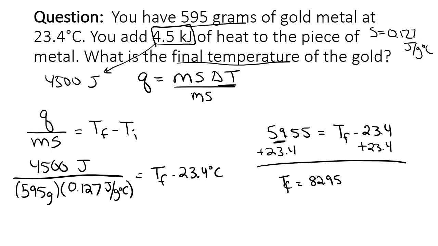We're adding and subtracting. As I mentioned, the 59 probably only has 2 sig figs, and so addition and subtraction would say there's not going to be any decimal places after that, so I should probably chop off the decimals on this whole problem and get that the final temperature is going to be 83 degrees Celsius. If I wanted more precision, I would need to measure some of these differently.